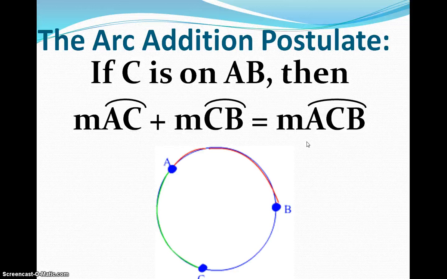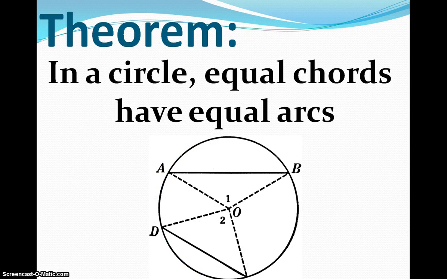This is just now the arc postulate. So the two smaller arcs added together will equal the bigger arc. Keep that in mind as we're going through, especially with our proofs. That angle there plus that angle there is equal to the entire one.